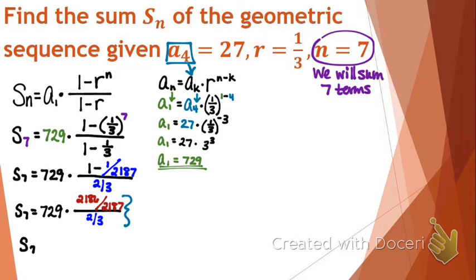So into my calculator, I'm going to have 729 times 2186 over 2187 times 3/2, the reciprocal of the denominator. That simplifies putting it into the calculator a little bit, because then you don't have to worry so much about your fraction notation or whether you have enough parentheses around everything.